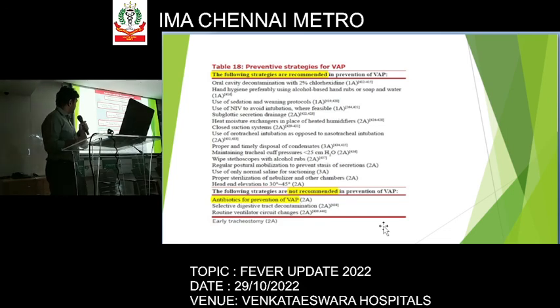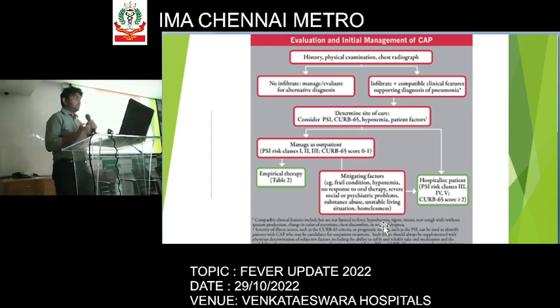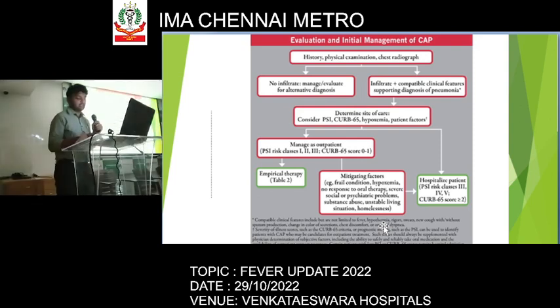But if the CRB score is 2 or more, we consider hospitalizing the patient. We also consider other factors like prior condition and hypoxemia, and if the patient won't continue oral antibiotics properly or requires close monitoring to prevent progression of disease, then we may consider admitting the patient to the hospital.